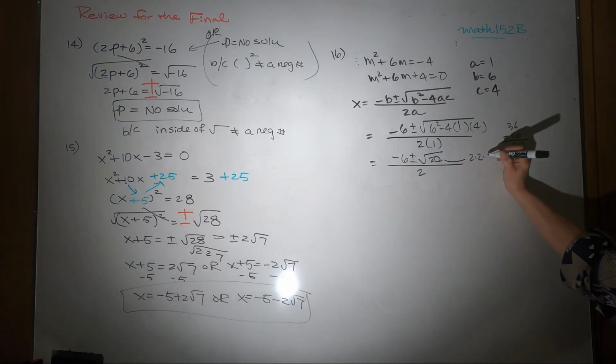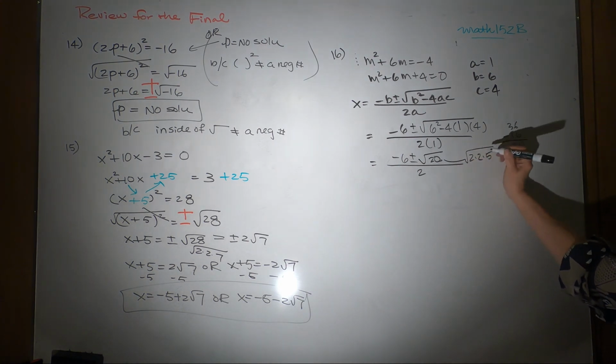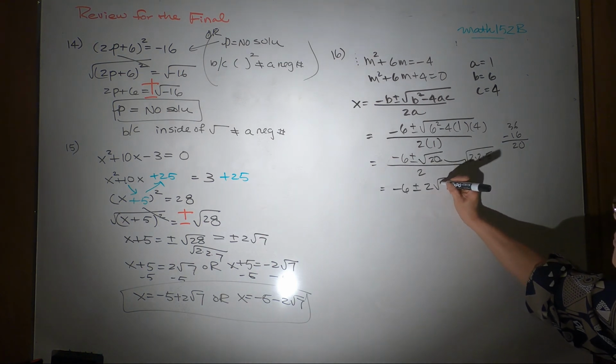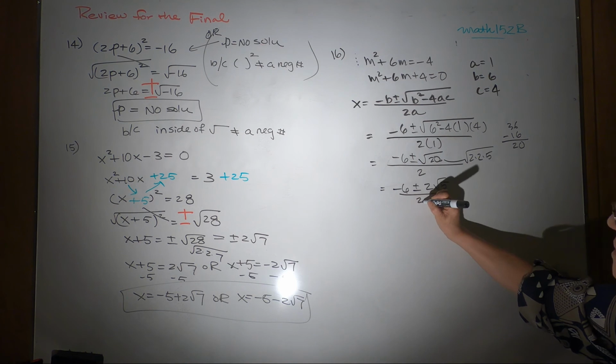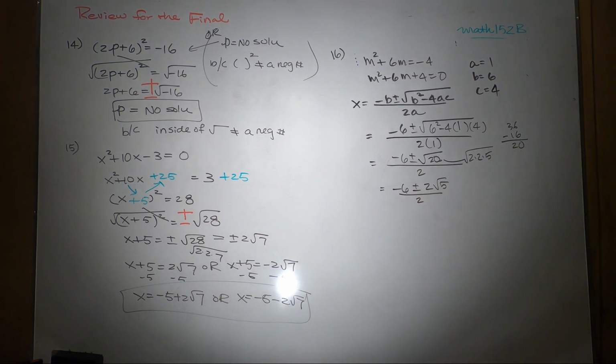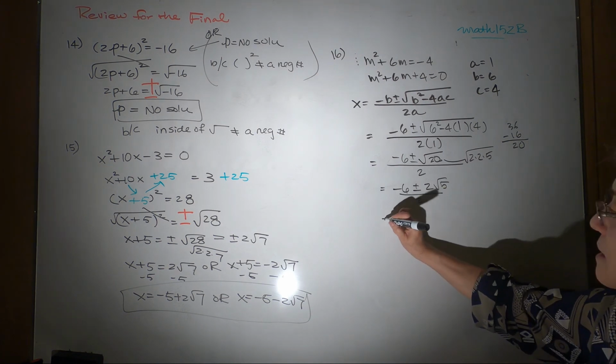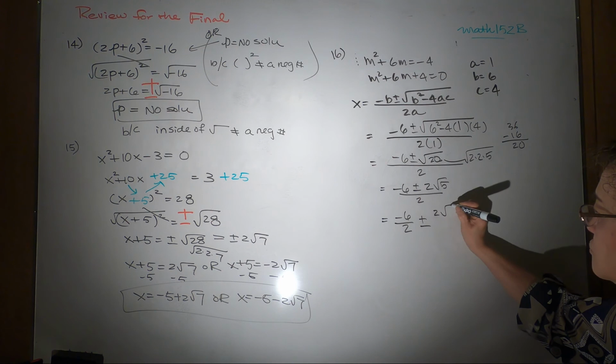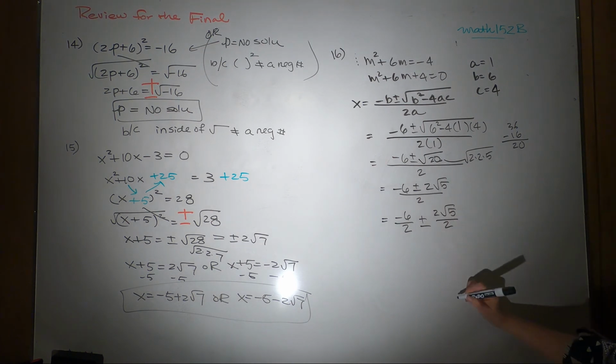And 20 is what? 2 times 2 times 5, right? So we need to simplify, becomes negative 6 plus minus 2 square root of 5 over 2. Then we write it individually, negative 6 over 2 plus minus 2 square root of 5 over 2.